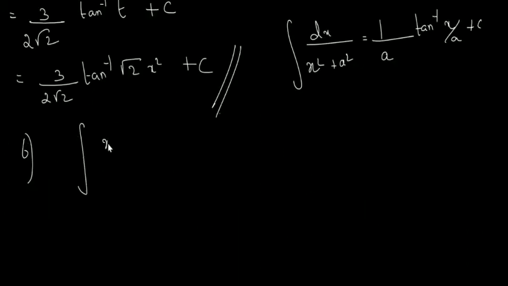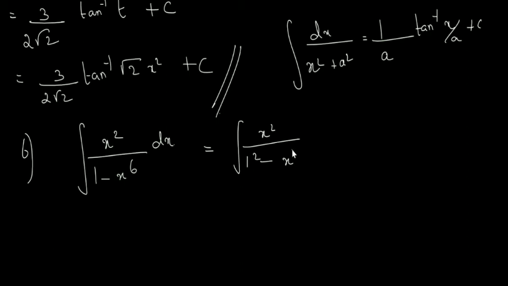Integrate x square by 1 minus x power 6. Write this as a perfect square. x square by 1 minus, you can write this as x cube the whole square. So put t is x cube. So dt will be 3x square dx.